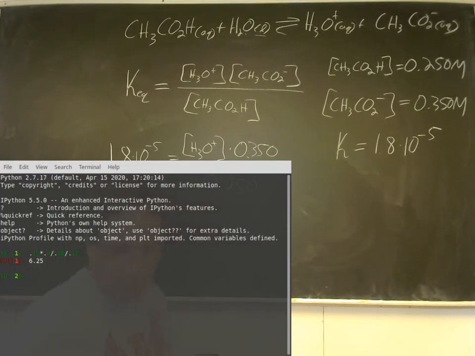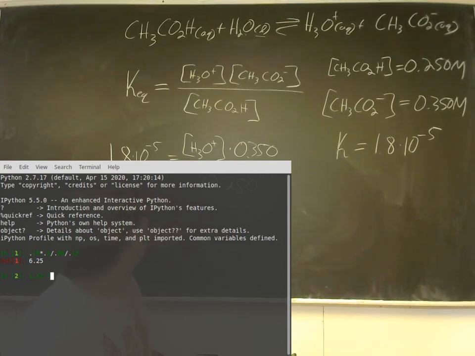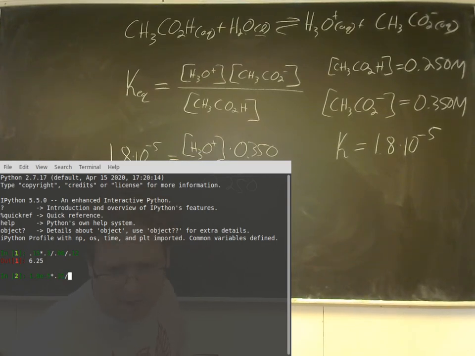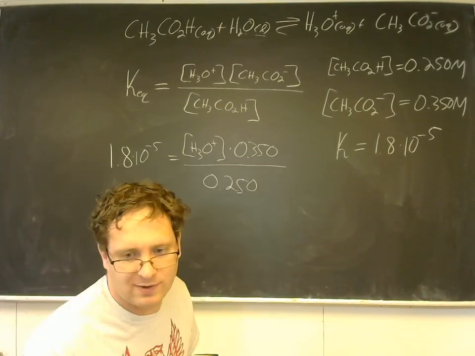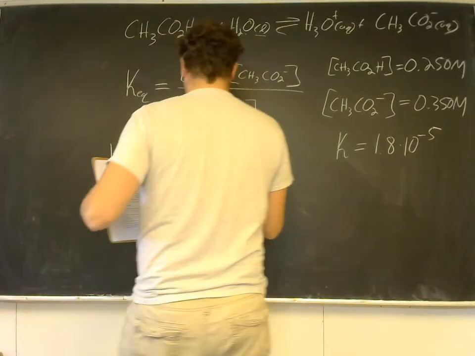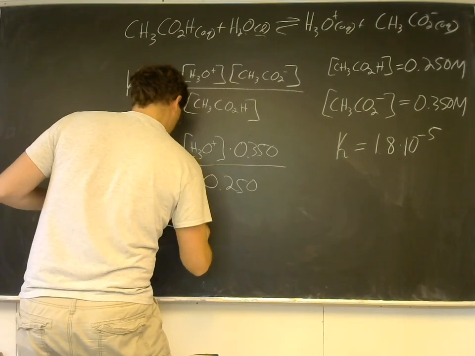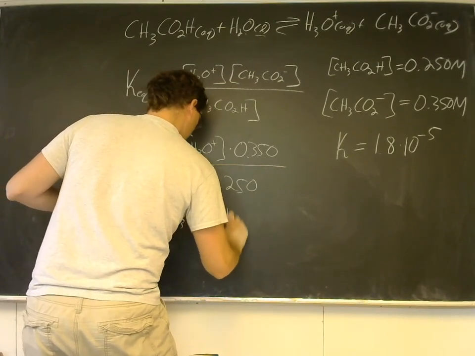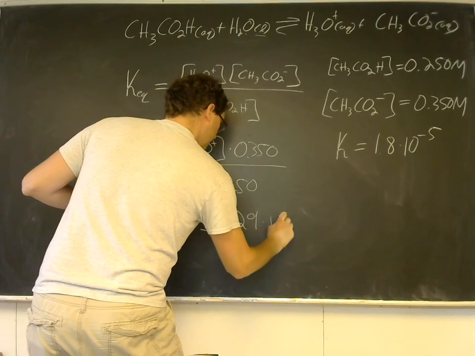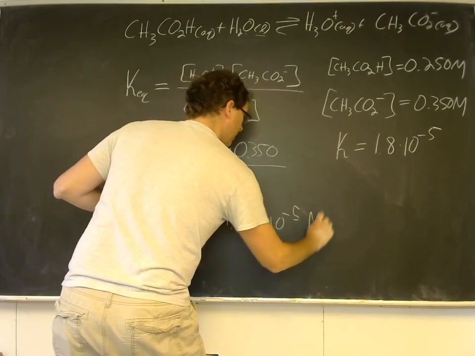I'm going to say 1.8 times 10 to the negative fifth times 0.25 divided by 0.35, and I get 1.3 times 10 to the negative fifth, 1.29 if we give 3 sig figs. 1.29 times 10 to the negative fifth molar.